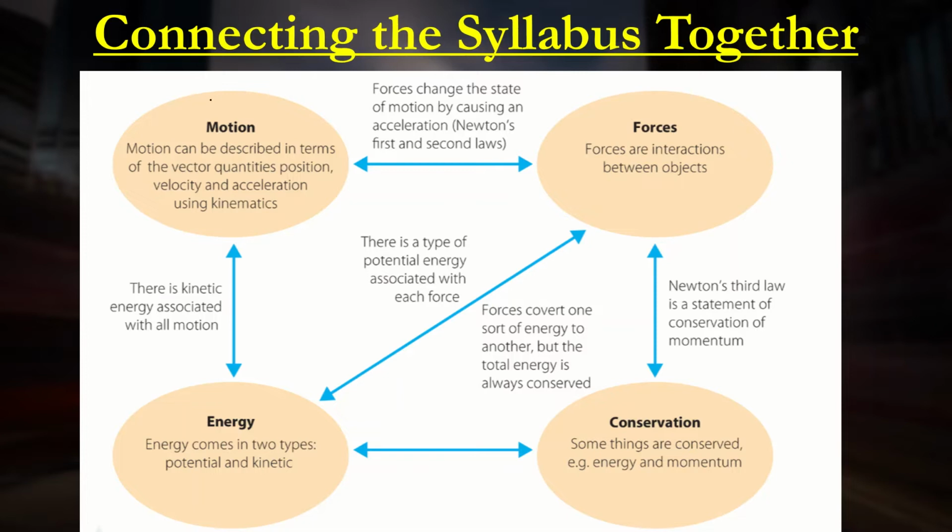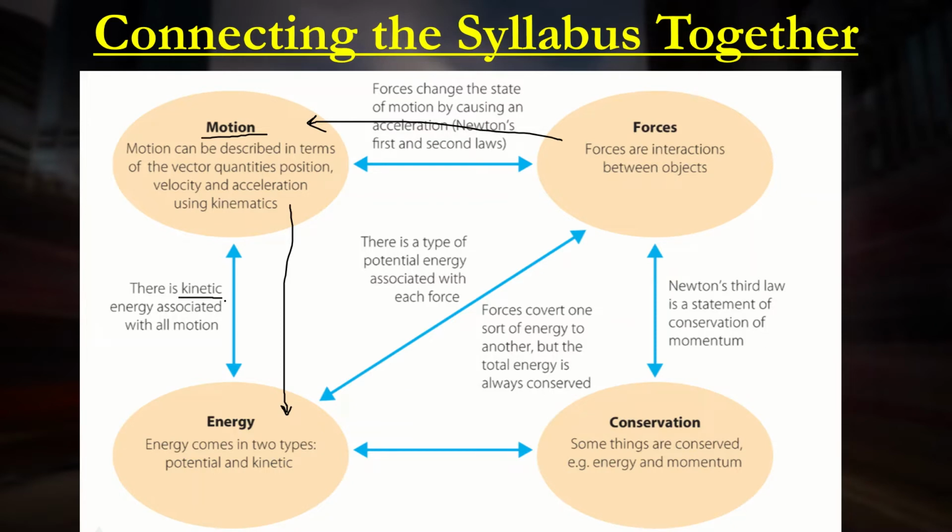Just remember, we talked about this last lesson as well. Anything that's moving is caused by a force. The reason why a stationary object starts moving is because there is a net unbalanced force pushing on it or pulling on it. If an object is moving, it has kinetic energy.